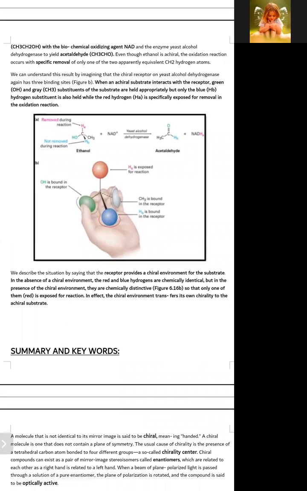When an achiral substrate interacts with the receptor, the green hydroxyl and gray methyl substituents of the substrate are held appropriately, and the blue hydrogen substituent is also held, while the red hydrogen is specifically exposed for removal in oxidation reaction.